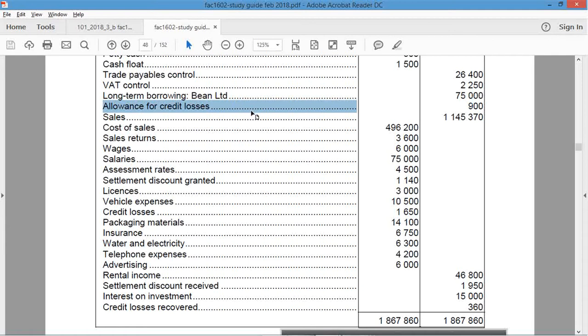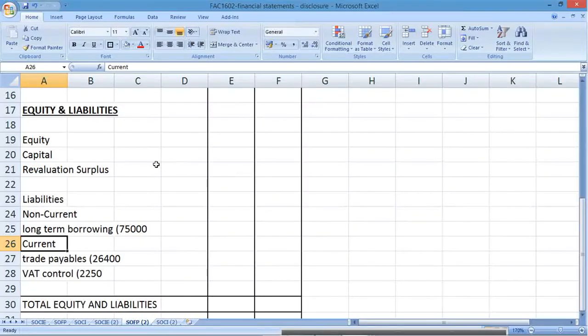Good. Where does it get disclosed? On the credit side of assets. Yes, but against which assets? Not bank, a credit loss wouldn't arise because of the bank. It would be a debtor. So then it'll be trade receivables, minus 900. There we go.